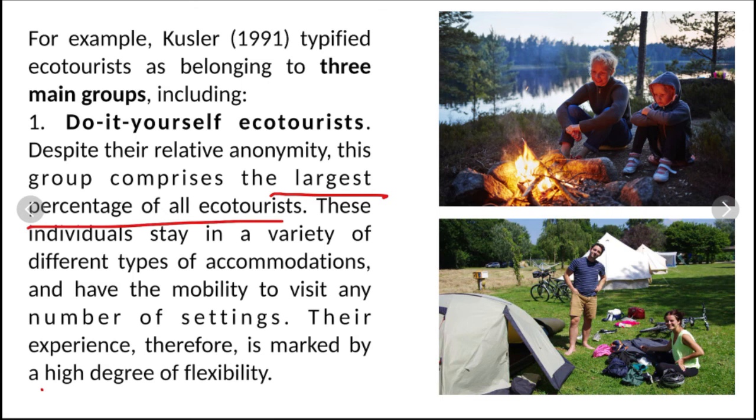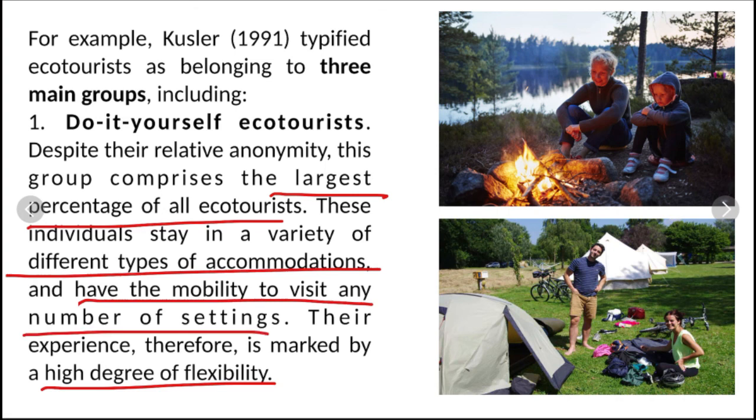Okay? Bakit? Because there are the type of tourists na they have a high degree of flexibility. Flexible sila sa lahat ng bagay na gagawin during the tour. So sabi dito, they can even book a different types of accommodation and have the mobility to visit any number of settings.